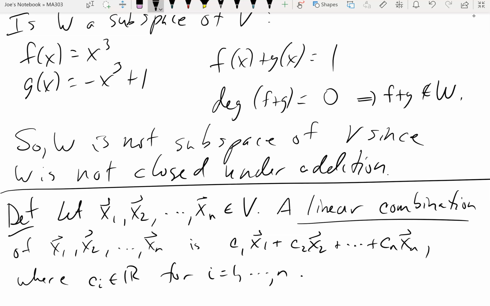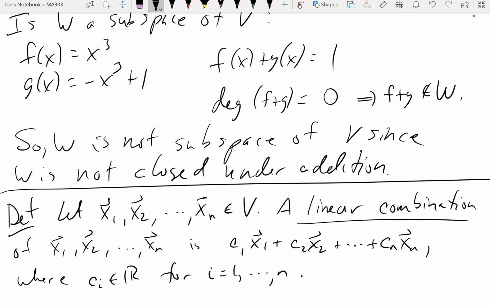Let's start there. x cubed has a derivative of 3x squared, right? Okay. But is that the only function? No. I can take x cubed plus any constant, right? So I get a whole bunch of functions that give me a derivative of 3x squared.